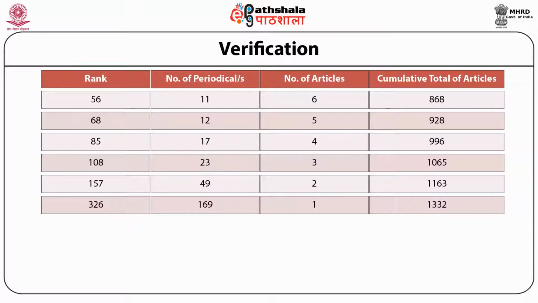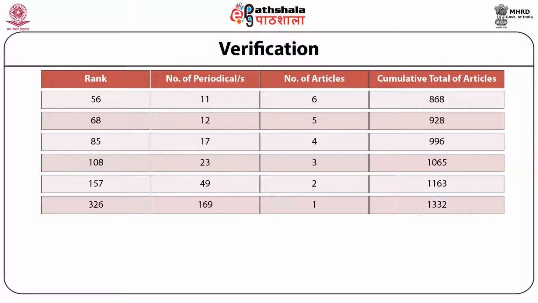Here you find that the rank goes from 56 to 68th, and the number of periodicals, from 57 to 68, is only 1, and number of articles, from 57 to 68, is only 5, and the cumulative total of the articles, when it comes to the 60th rank, is 888.